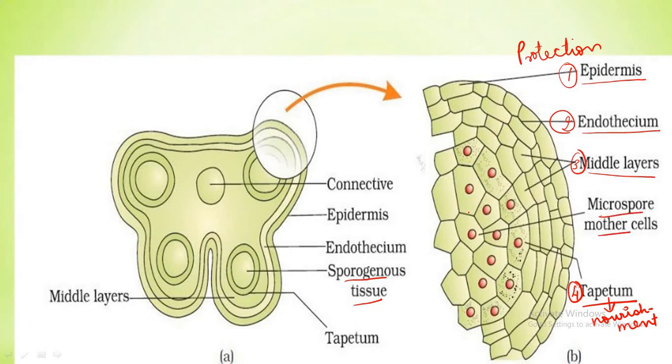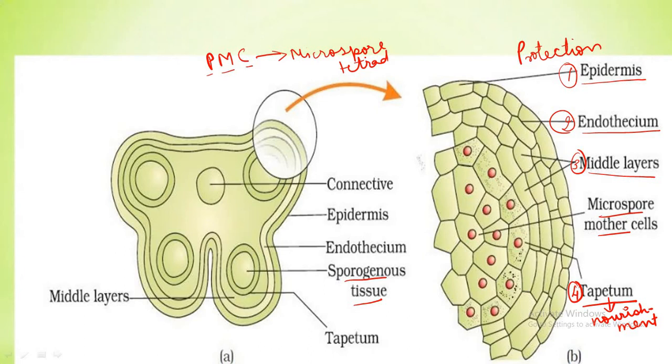The sporogenous tissues present in the center of the microsporangium are potential pollen mother cells, you can say PMC, or microspore mother cells. And these pollen mother cells in turn give rise to microspore tetrads.